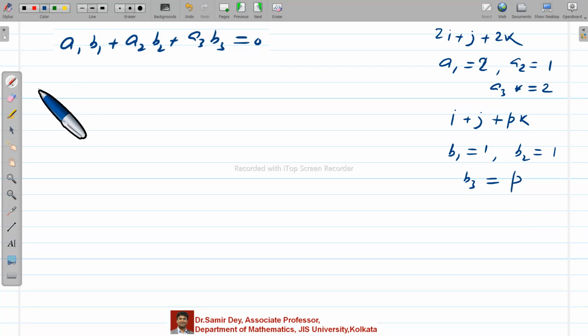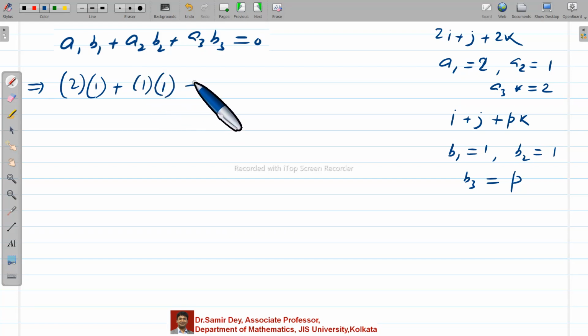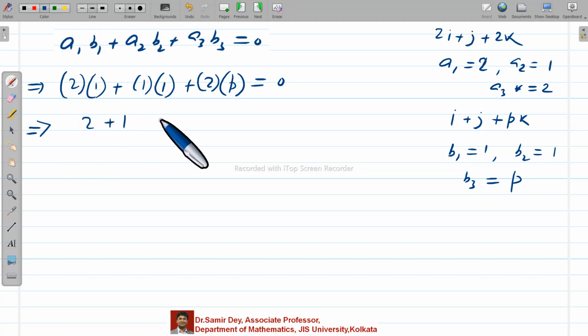Now we substitute all. a1 is 2, b1 is 1; a2 is 1, b2 is 1; a3 is 2, b3 is p, and the sum is equal to 0. Clear? So from here it is coming 2 into 1, 2, plus 1, plus 2p is equal to 0.